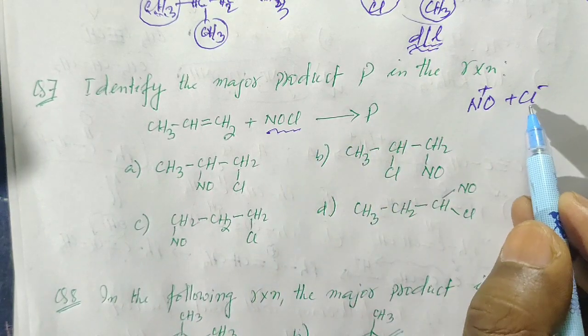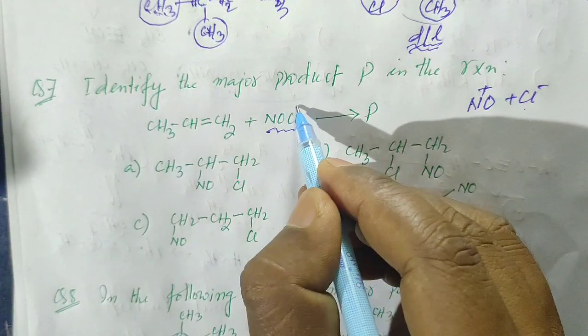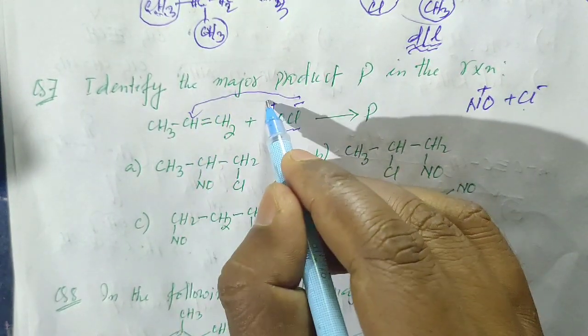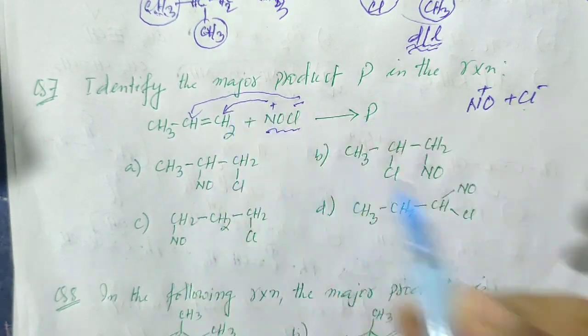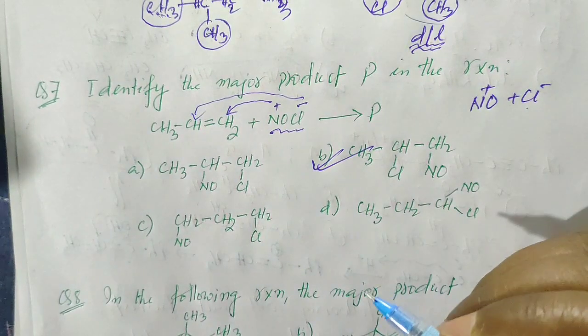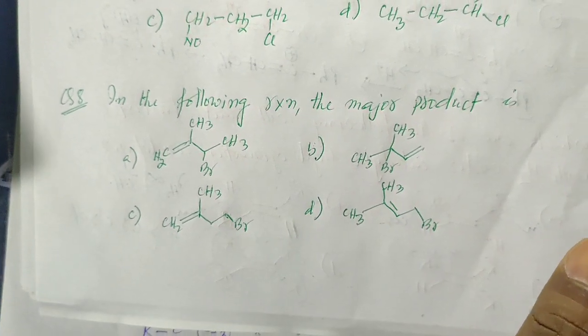So Cl minus will be added to this carbon atom, this is minus, this will be plus, and the NO will be added to this carbon atom. So we will get this as the major product. B is the answer. Okay, let us go to the 8th question.